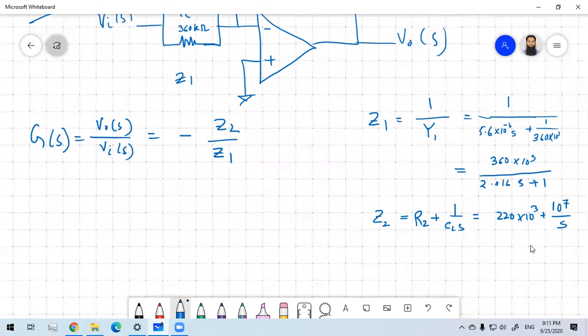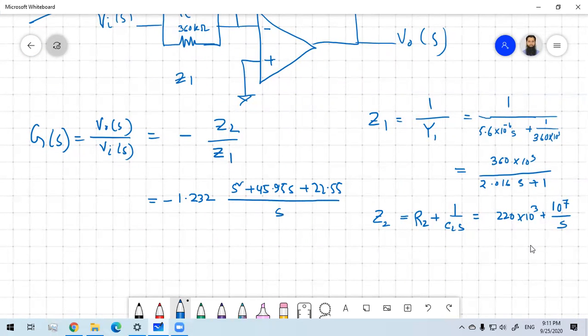Now just put both the values here and manipulate a bit, and what you're going to get is minus (1.232 S square plus 45.95 S plus 22.55) divided by S. Okay, so this is the transfer function of the inverting amplifier, and this equation is nothing but the transfer function of a PID controller.